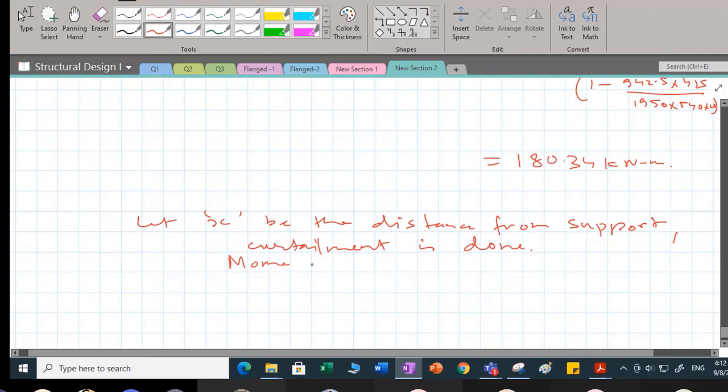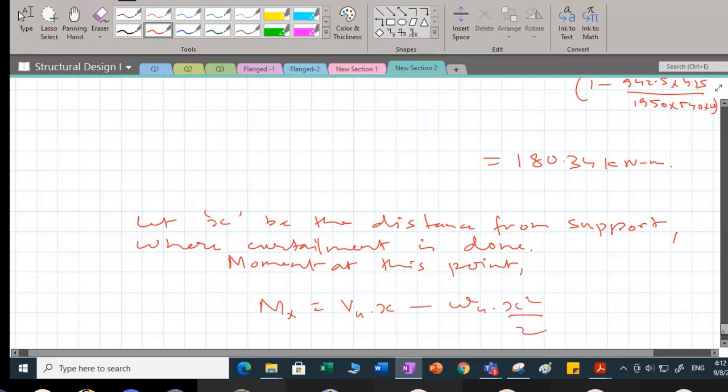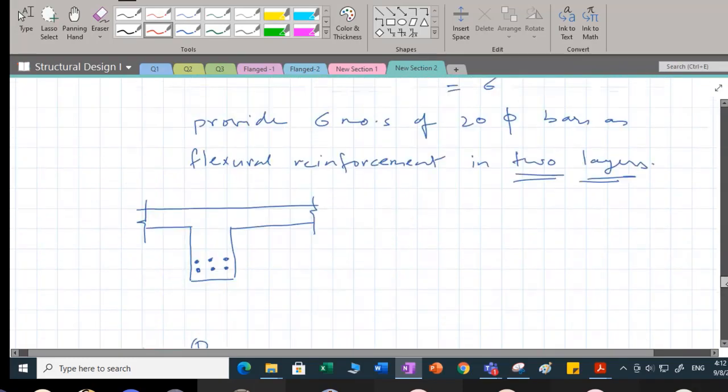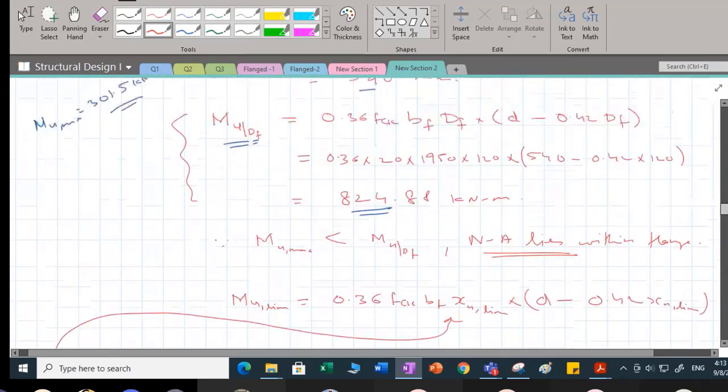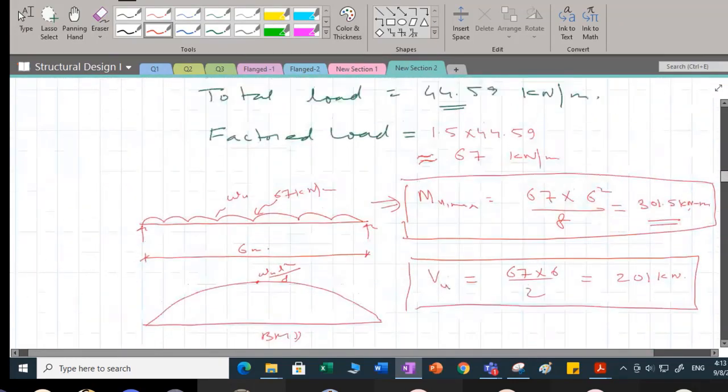Moment at this point, Mx equal to the reaction, which is the shear force, so I'll write Vu into x minus Wu into x square by 2. We had computed the reaction, which was your shear force. How much was this?